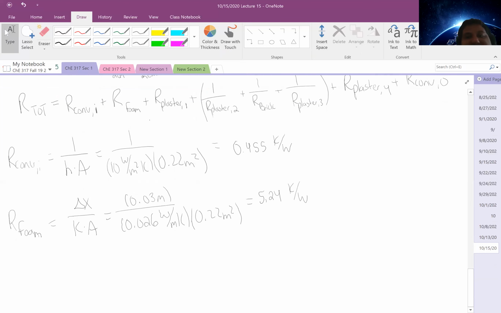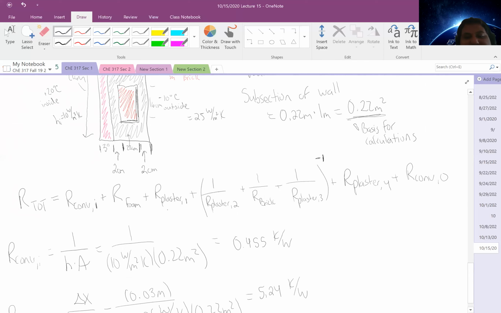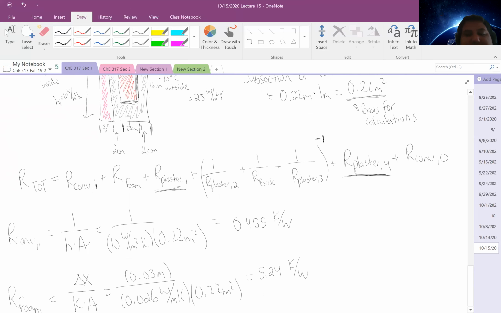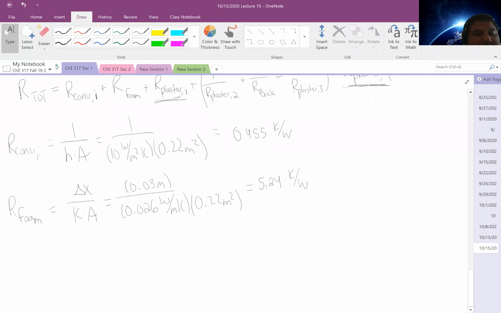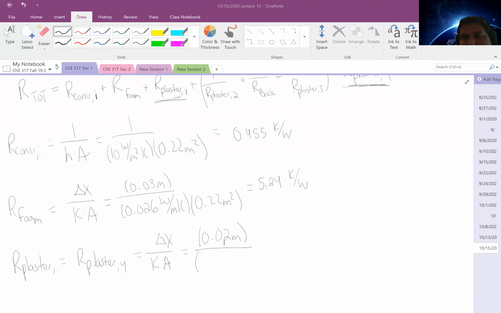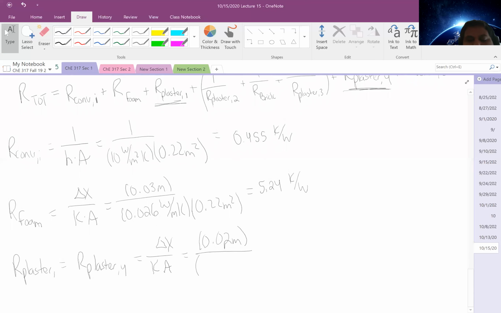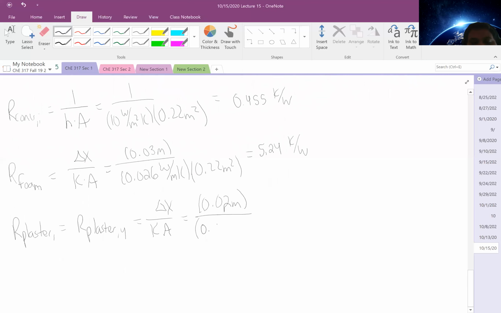And then I have my plaster layer. One thing you can identify is that the plaster layer here and my plaster layer here are essentially the same layer, so my resistance value should be the same, or R plaster 1 equals R plaster 4, which equals delta x over kA once again, or 0.02 meters divided by the thermal conductivity of the plaster, which is 0.22 watts per meter Kelvin, times the area, 0.22 square meters.